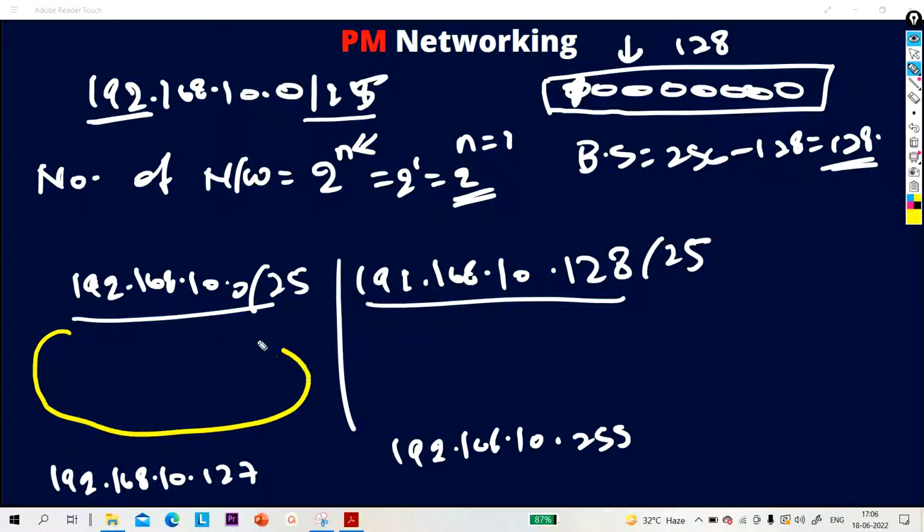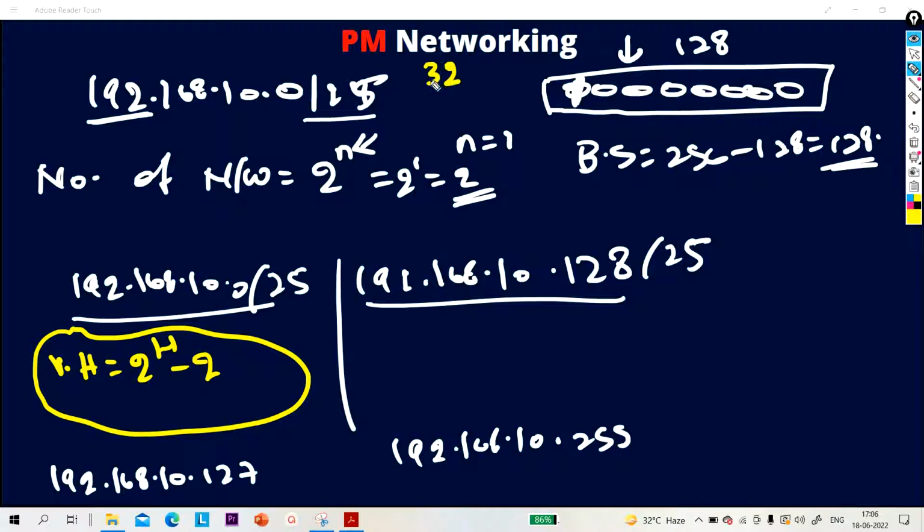Now how many valid hosts are there in this network? The formula to calculate valid hosts is 2 to the power h minus 2, where h is the number of host bits. Am I right? Minus 2. The total length of an IPv4 address is 32 bits, right?